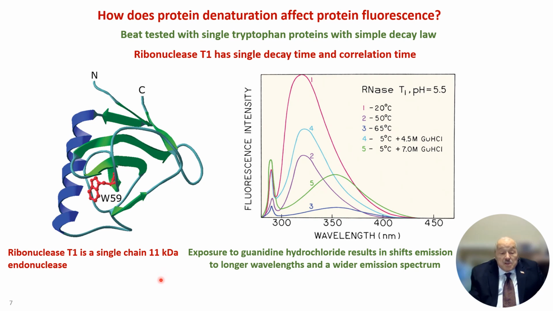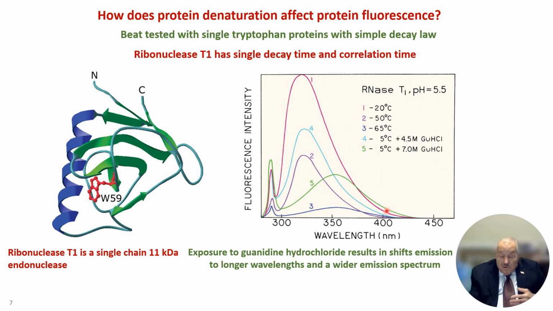It's a single chain nuclease, relatively small. The tryptophan is mostly shielded from water, but it's not shielded like it was in azurin, where there was no water contact at all. But it naturally is sensitive to being in the folded state or the unfolded state.